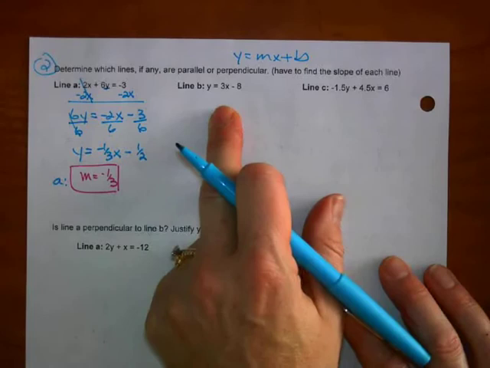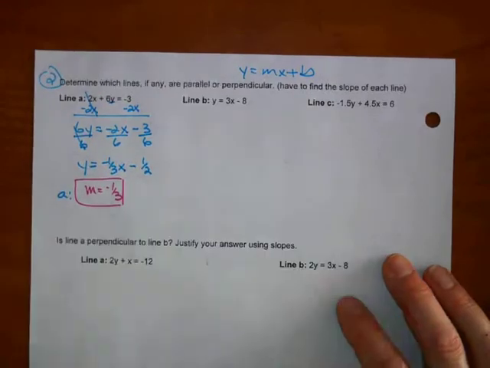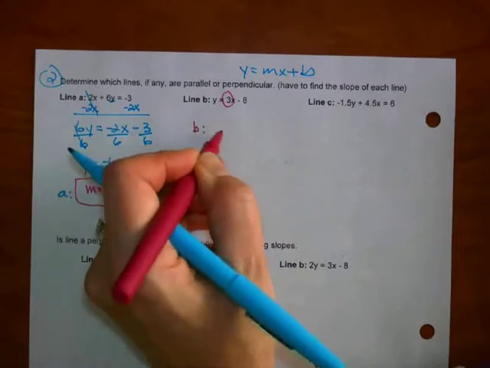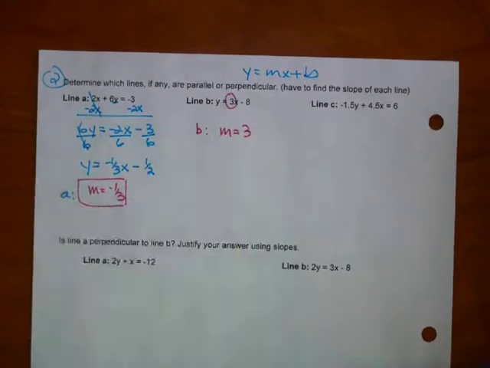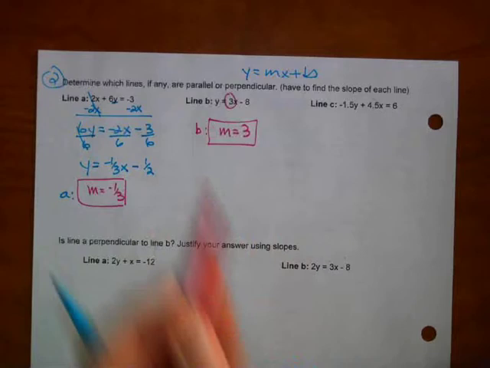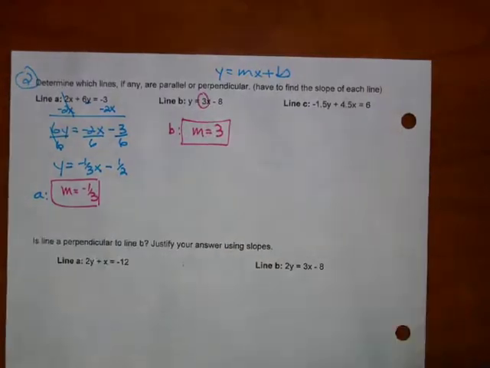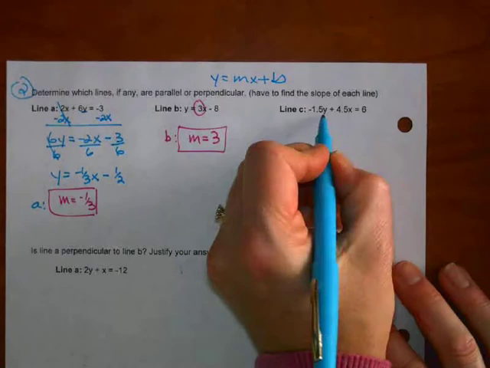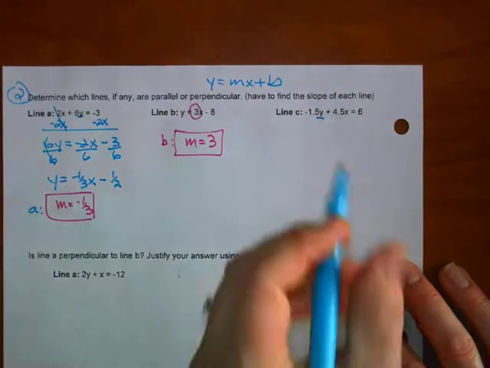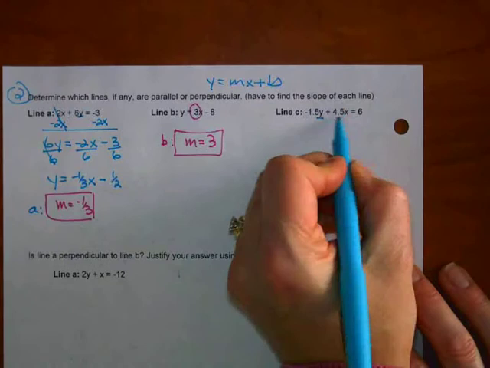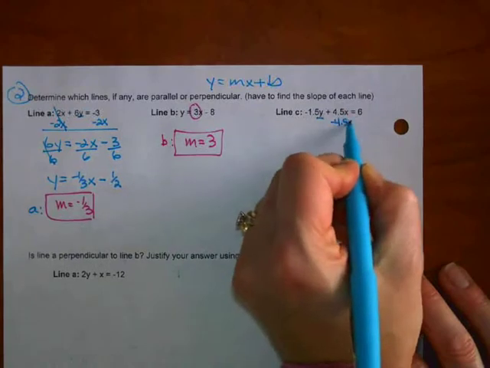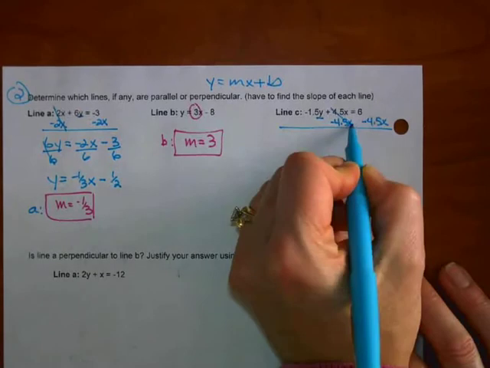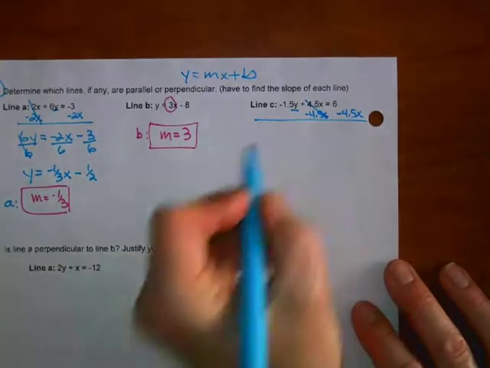Let's do this one. Oh, look, it's already in slope-intercept form. So the slope is right here, and for line B, m is equal to 3. All right, this one we got to move around. We got to get y by itself to get it into y equals mx plus b so we can recognize the slope. So I'm going to move this chunk, minus 4.5x, minus 4.5x. This goes away.